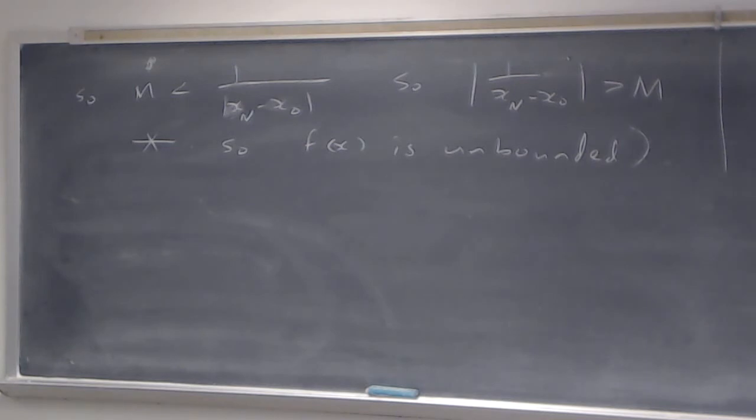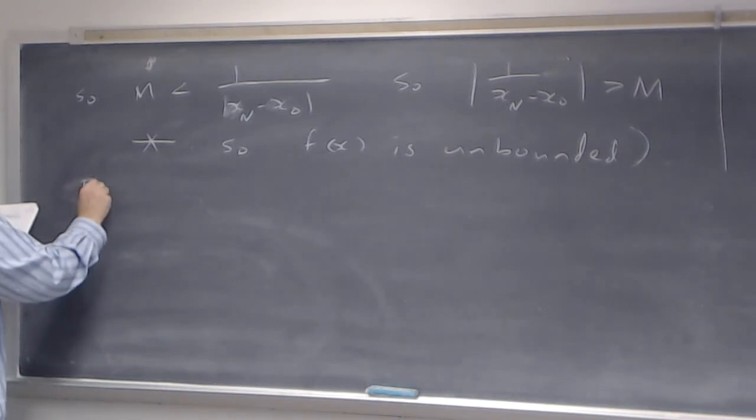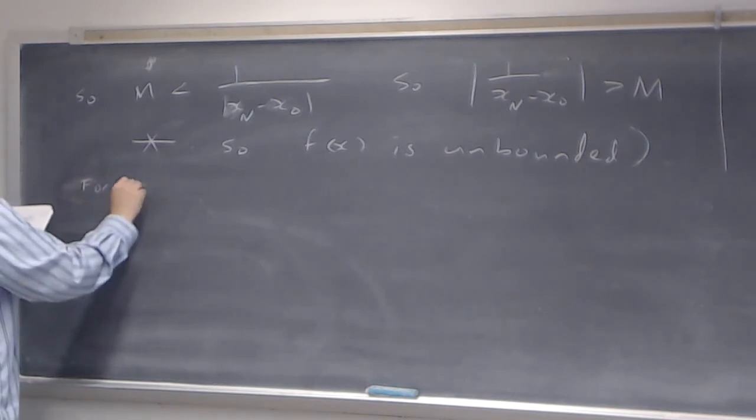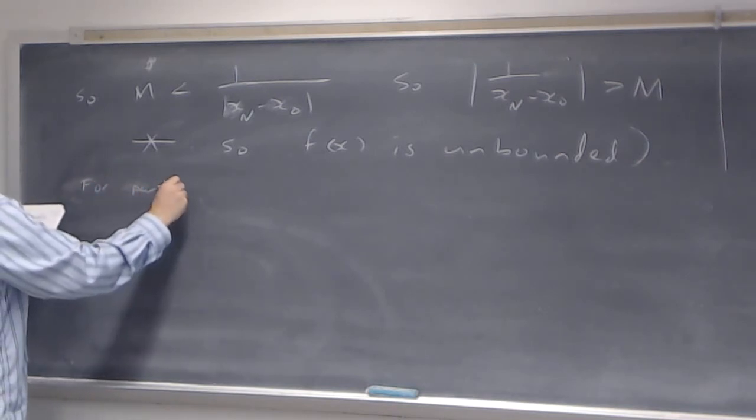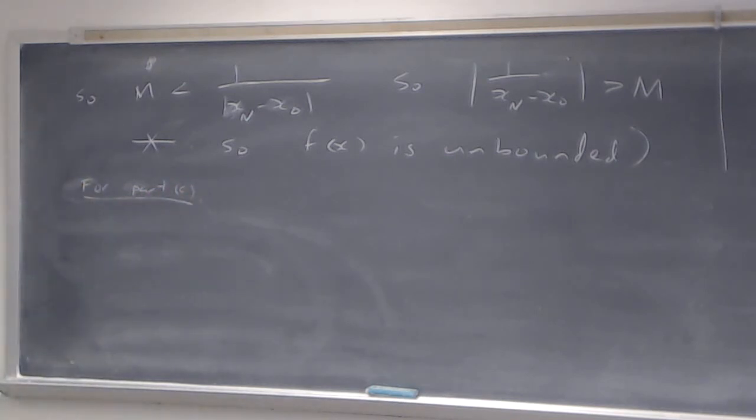Now, I'm going to jump to part C and prove all of it. So for part C, remember, what we were saying is if E was bounded, and that's what we're talking about now, then we were supposed to create a continuous function on E which is not uniformly continuous.